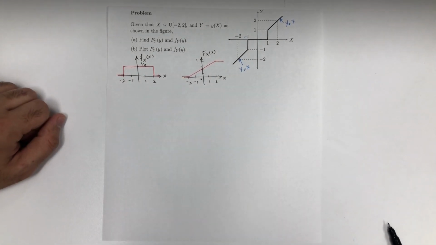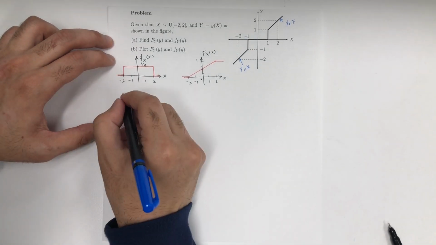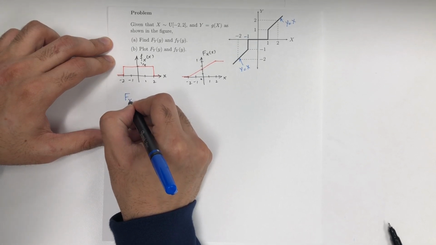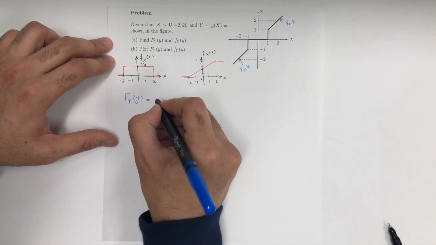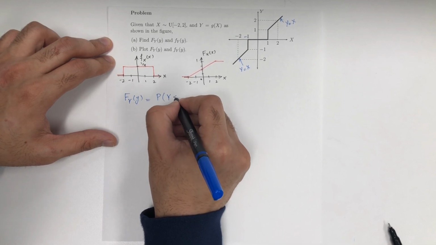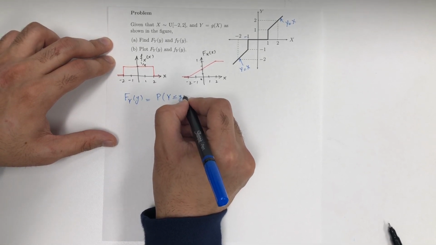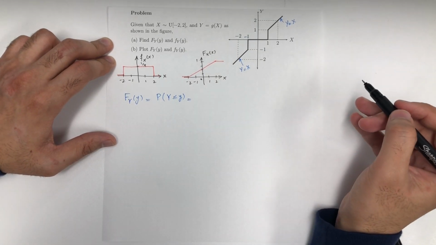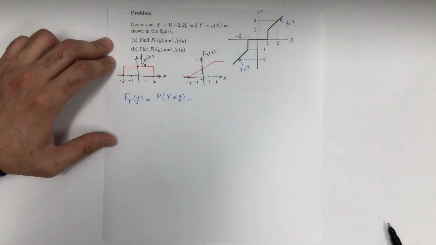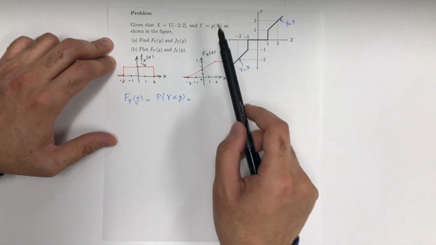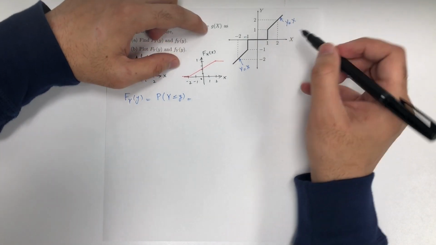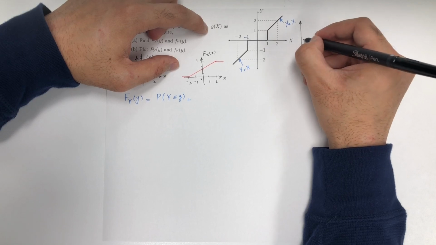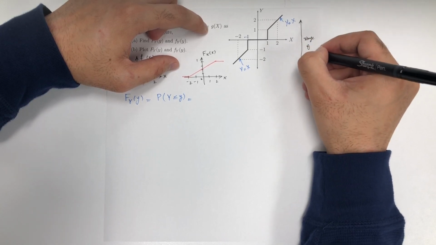Okay, so now I'm required to find the distribution function of y first, which can be written as capital Fy of y. By definition, it is the probability that big Y is smaller than small y. As we know, x can be between -2 and 2, and y is transformed such that y is also between -2 and 2. So this is the range of y.